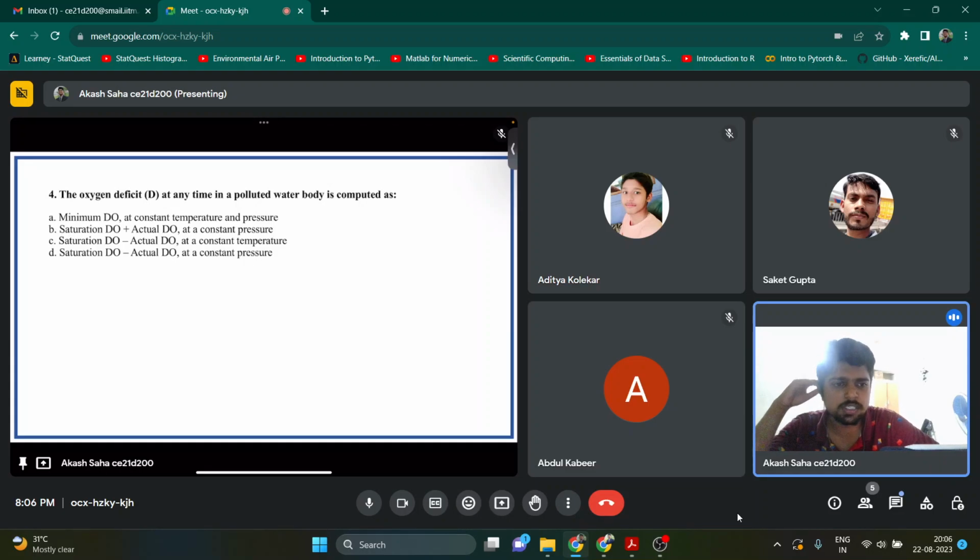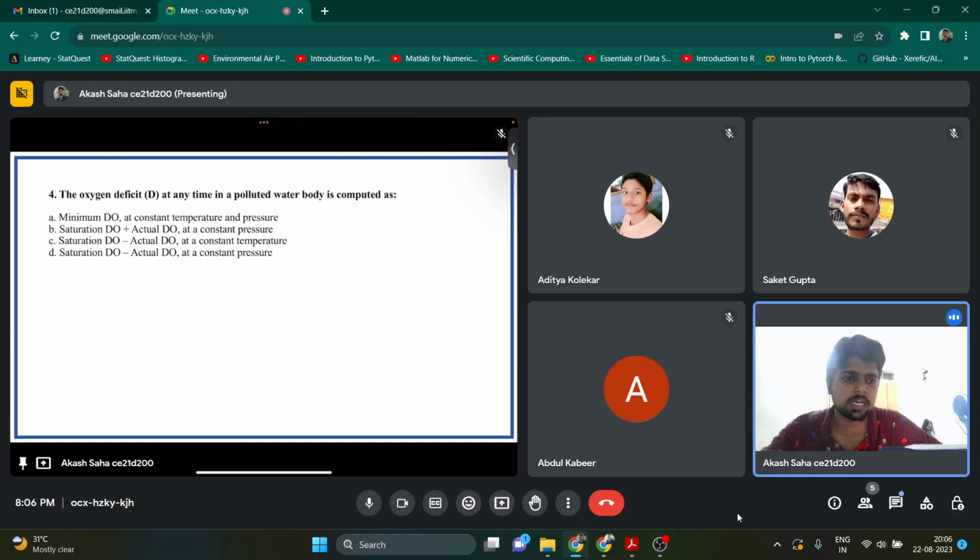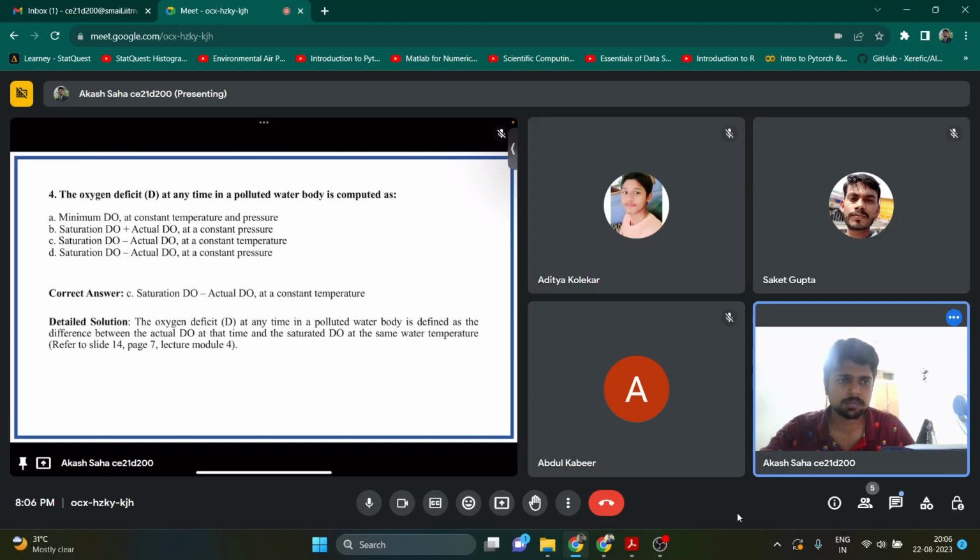So oxygen deficit is defined as what? Saturation DO minus actual DO at constant temperature. Yes, so we have to be careful. It is at constant temperature. So C is my correct answer.